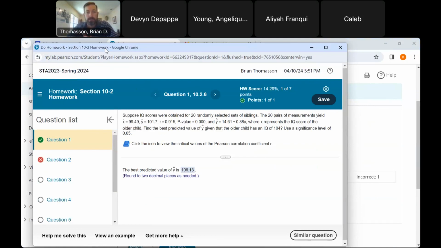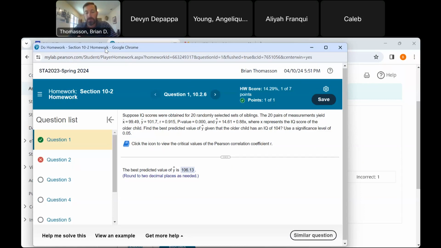In this problem, they give us a whole bunch of stuff. It says, suppose IQ scores were obtained for 20 randomly selected sets of siblings. The 20 pairs of measurements yield a mean of the x, mean of the y, an r value, p value, and the regression equation, where x represents the IQ score from the older child. Find the best predicted y hat given that the older child has an IQ of 104.